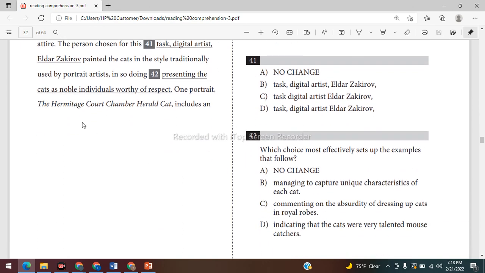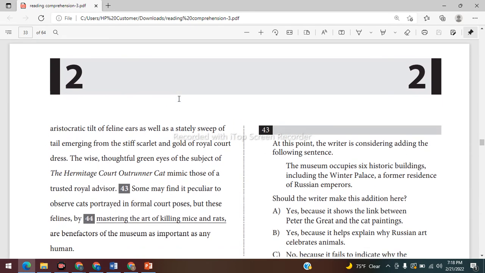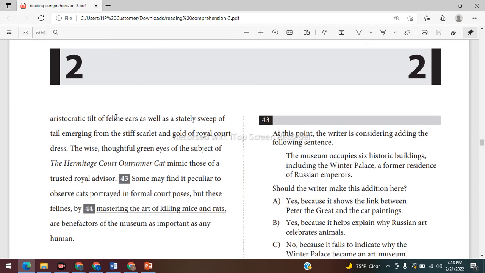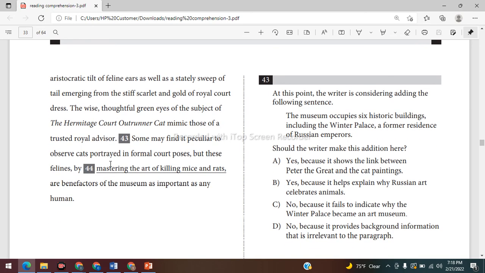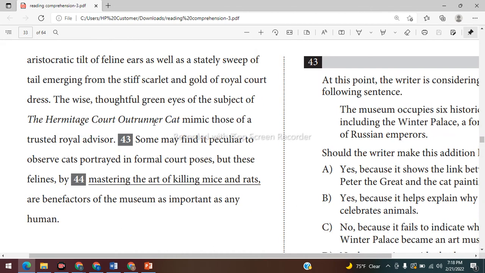One portrait, the Hermitage Court Chamber Herald Cat, includes an aristocratic tilt of feline chin, as well as a stately sweep of tail emerging from the stiff scarlet and gold of royal court dress. The wise, thoughtful green eyes of the subject of the Hermitage Court Outrunner Cat mimic those of a trusted royal advisor.